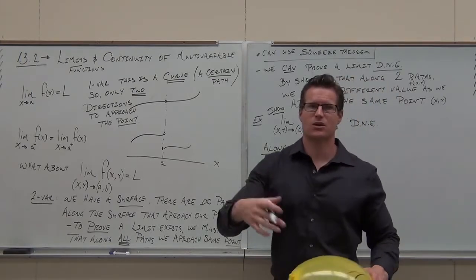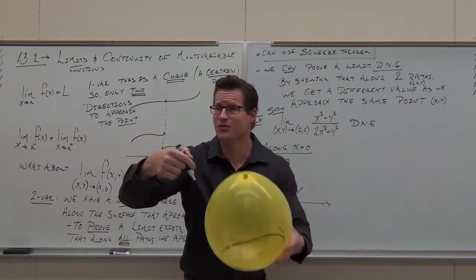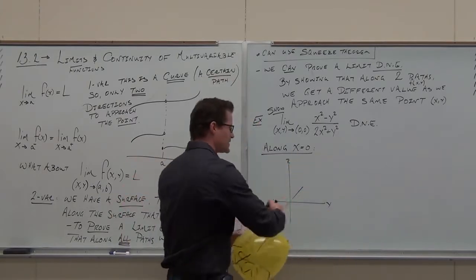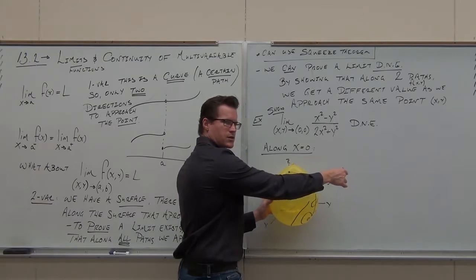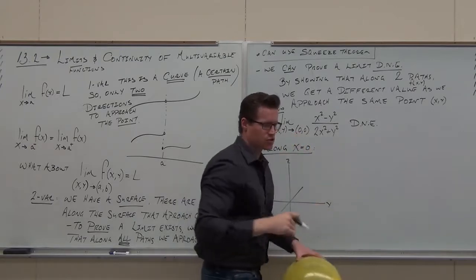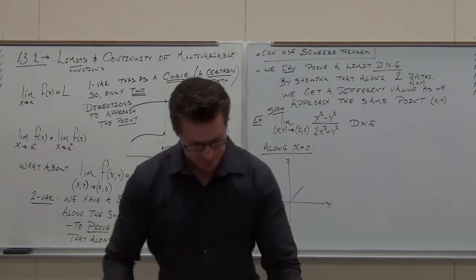So if I let this go along x equals 0, what about the z? The z is the height. I don't have to worry about that. That's a dependent variable. I'm only worried about the independent variables. So if I let x equals 0, what I'm doing is I'm traveling over the surface right over the y-axis. Did you guys get that? So this right here is traveling along the surface directly over the y-axis.